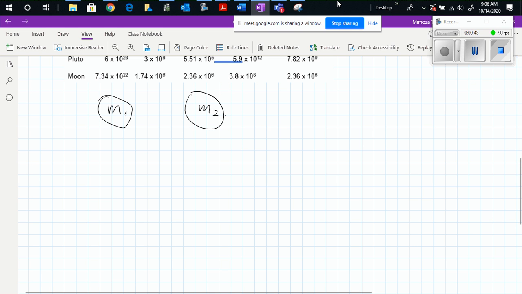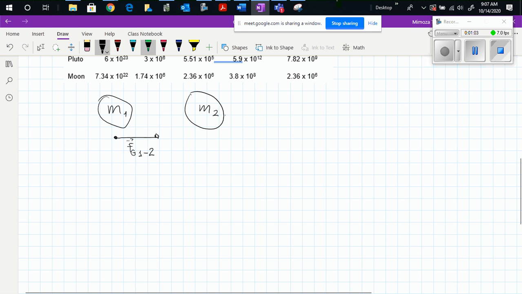So object 1 is experiencing a force that is attracted to the center of object 2. This is the universal force of gravity that object 1 is experiencing as a result of the presence of object 2. And this is the force of gravity that object 2 is experiencing as a result of the presence of object 1.